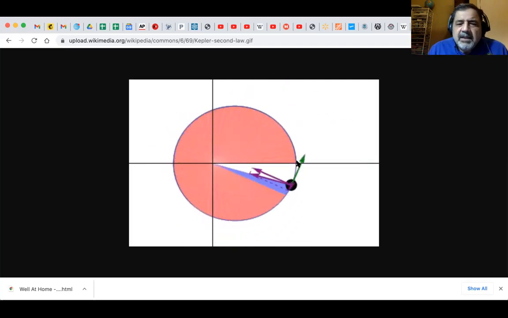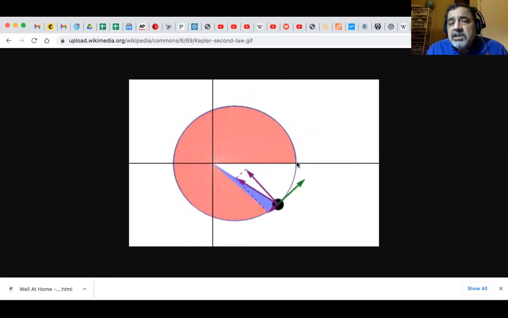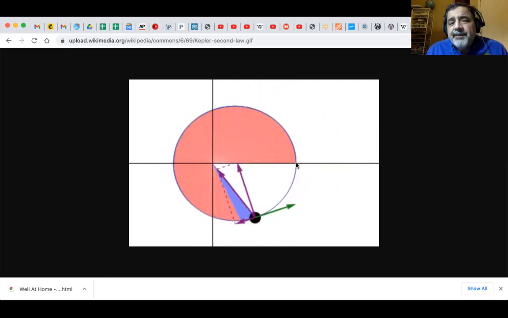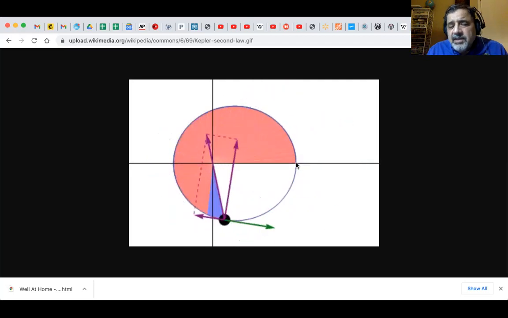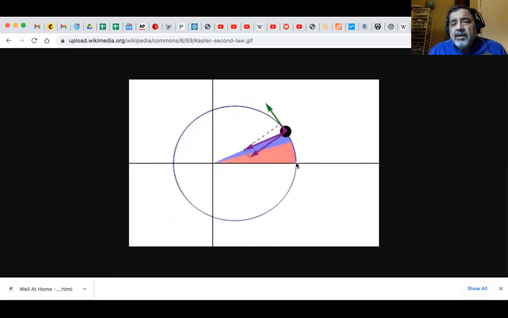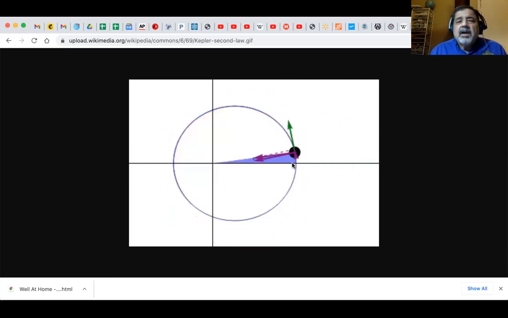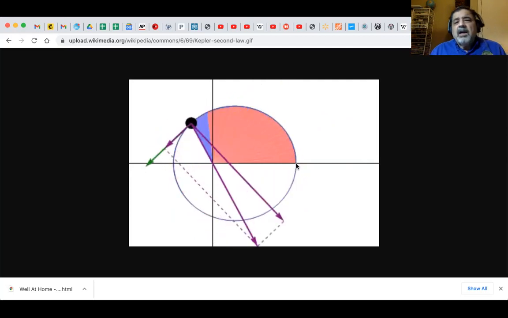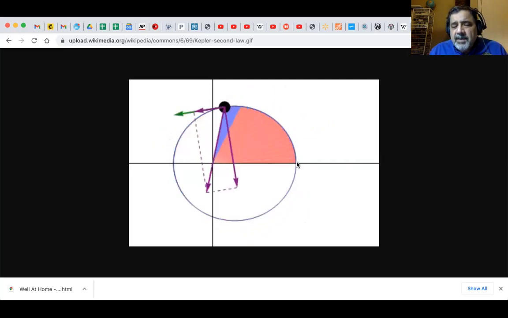At the aphelion the kinetic energy is the smallest. You can see that the green arrow is the smallest at this point. So the gravitational potential energy is the greatest over here at the aphelion. Kinetic energy is the greatest at the perihelion. The potential energy is greatest at the aphelion.